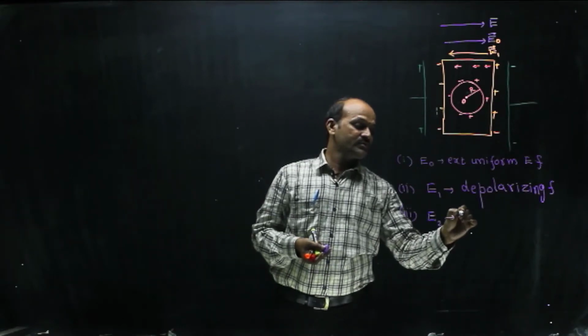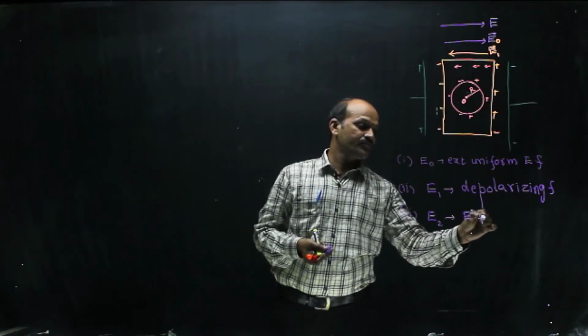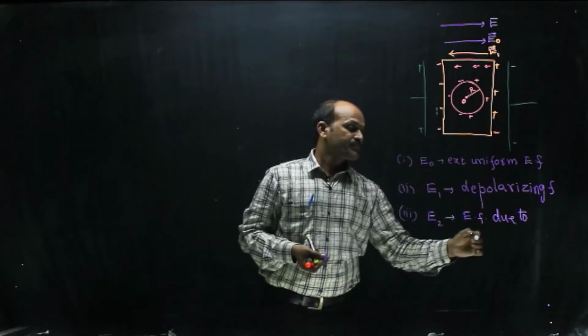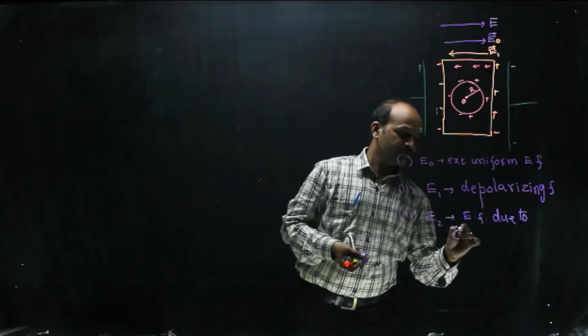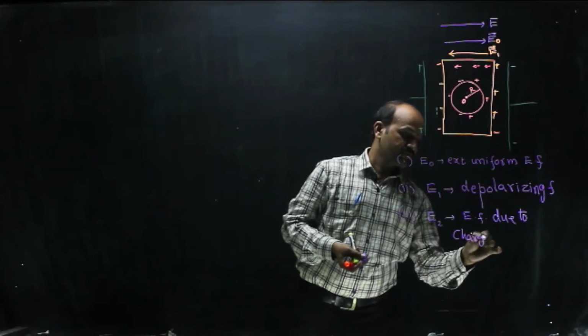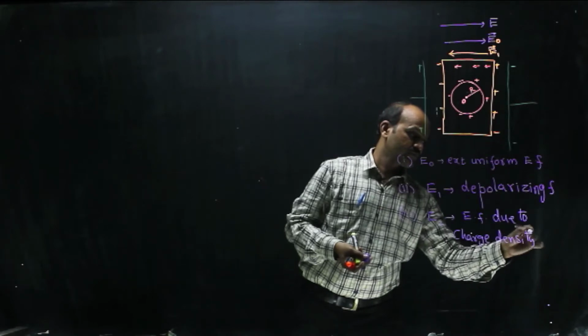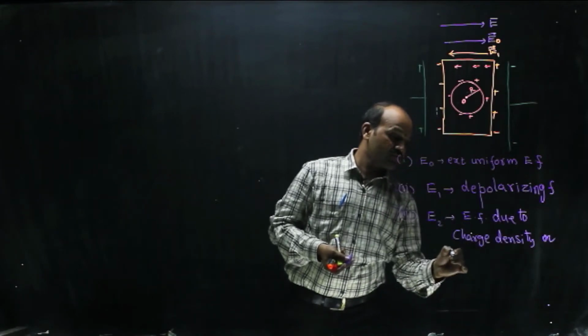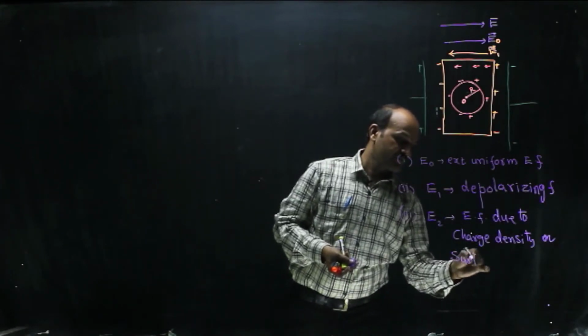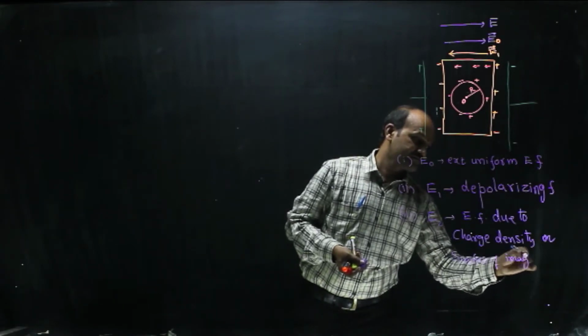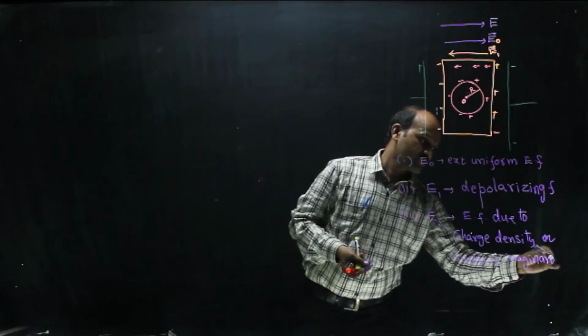E2 is the electric field due to the charge density on the surface of the imaginary spherical cavity.